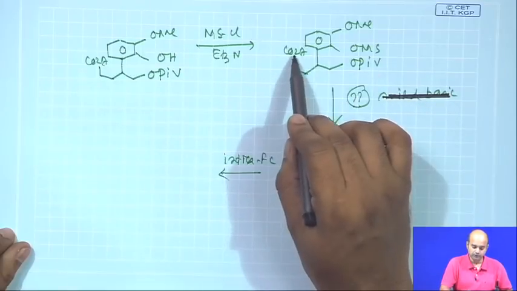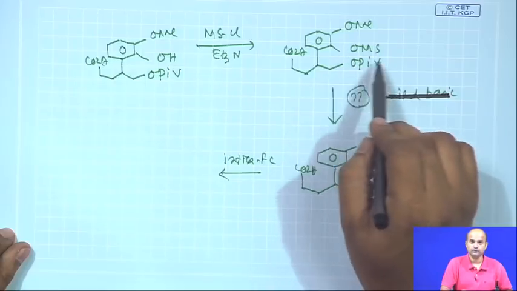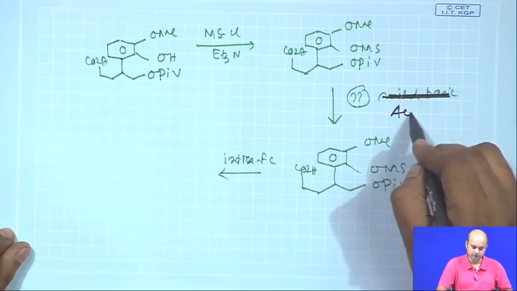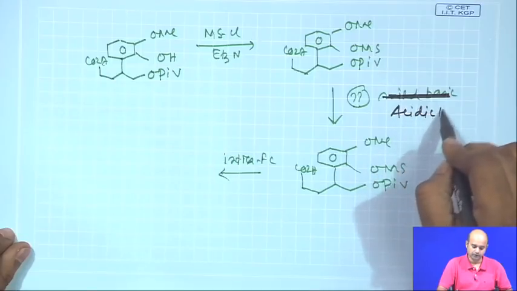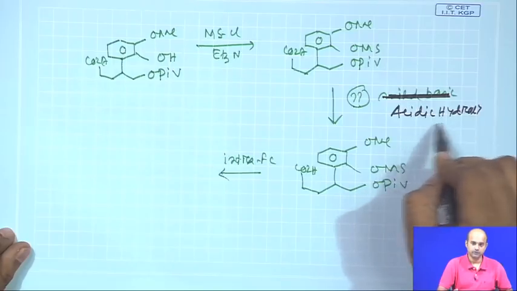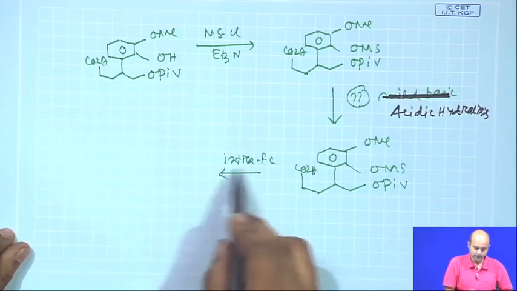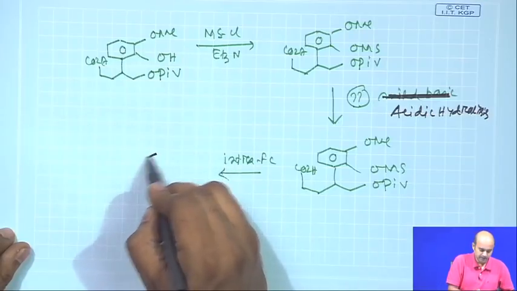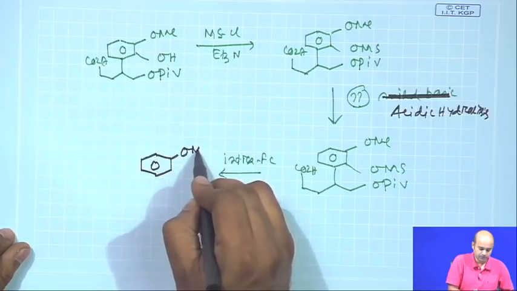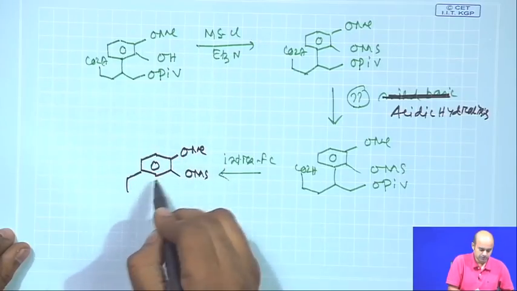The acidic hydrolysis will basically pick up this one, not the bulky tertiary butyl group, unlike the base hydrolysis. So, the best solution is to do an acidic hydrolysis. Here you do the intramolecular Friedel-Crafts reaction, and then your target structure can be achieved.